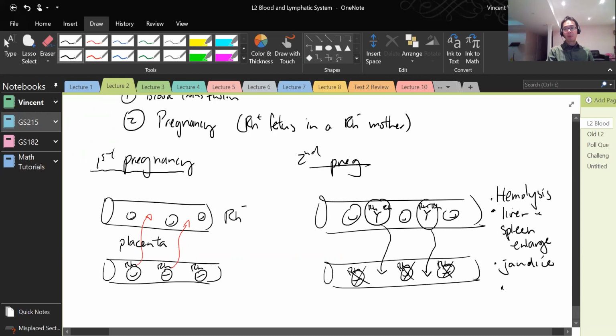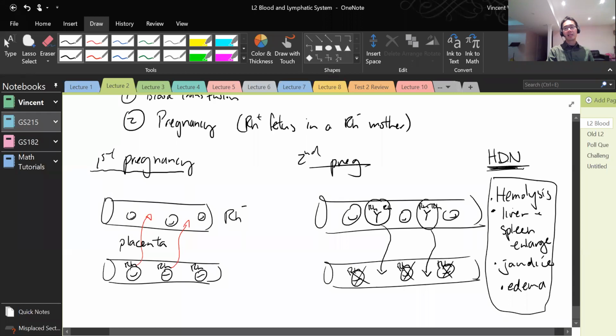They will have edema: without the red cells in their system, you don't have as much osmotic pressure, and all the fluid leaks down. All these things can result in hemolytic disease of the newborn.